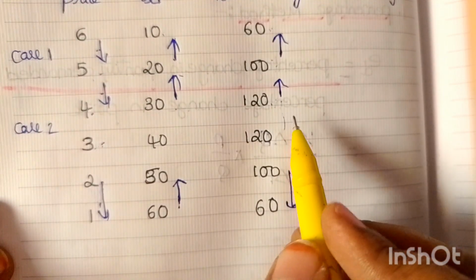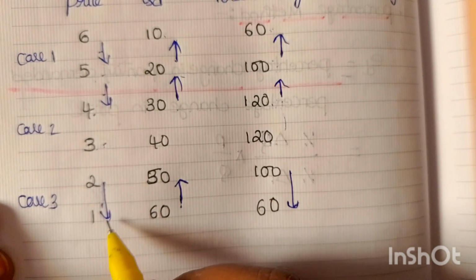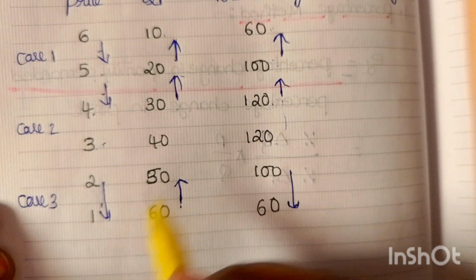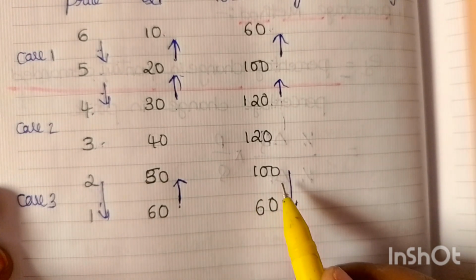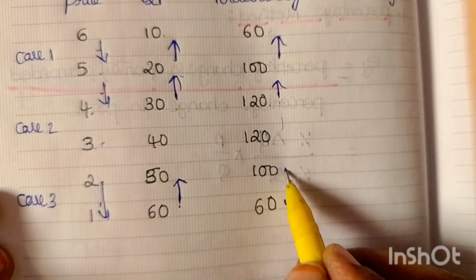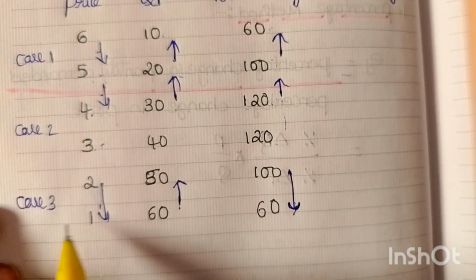And this is case 3. Here the price is decreased and the quantity is increased, but at the same time the total expenditure decreases. So this is case 3.